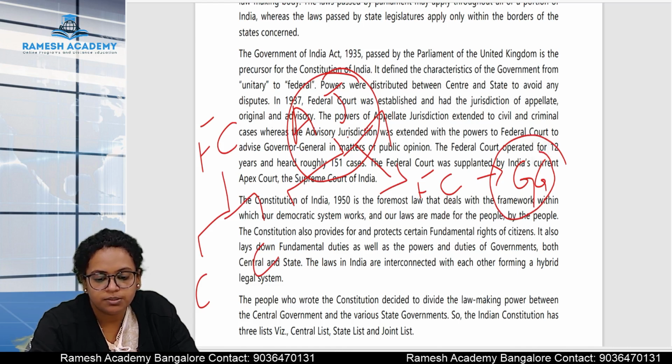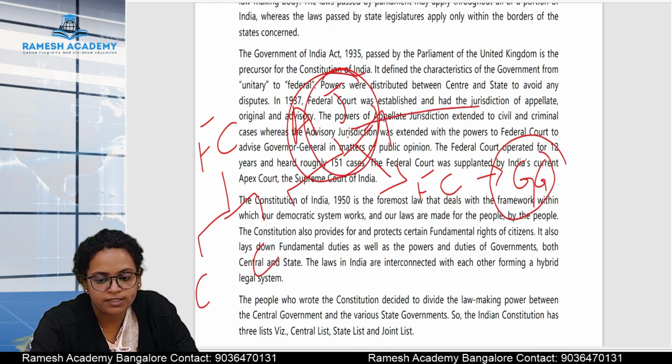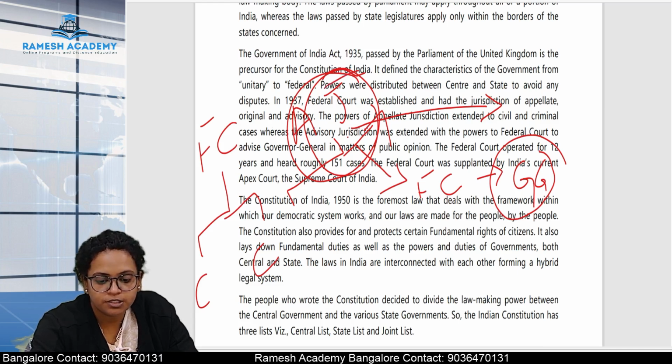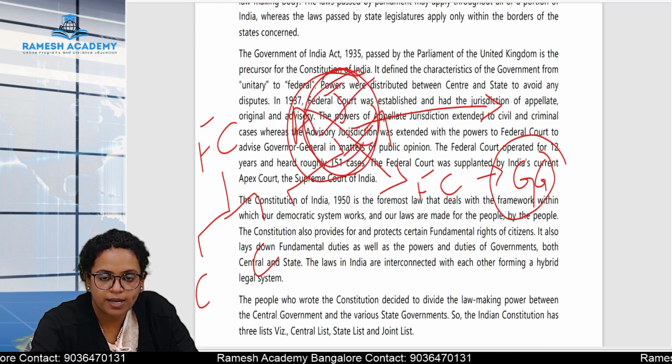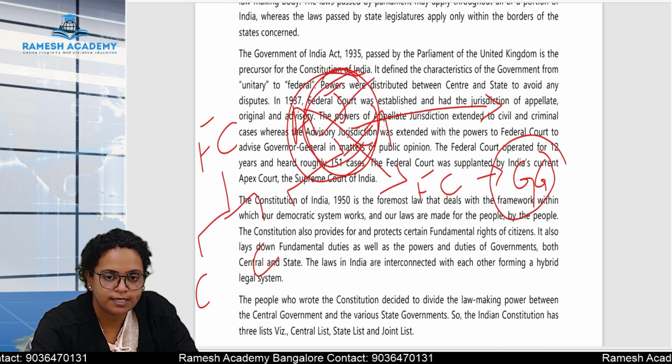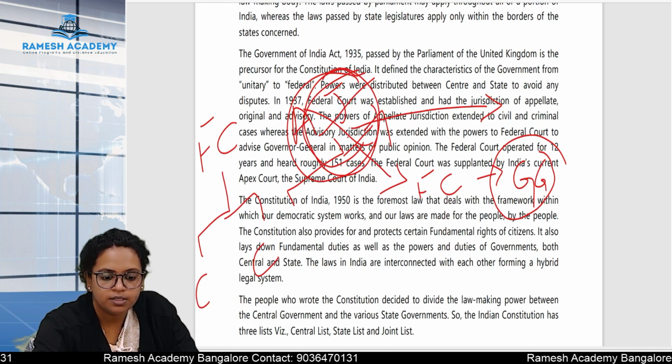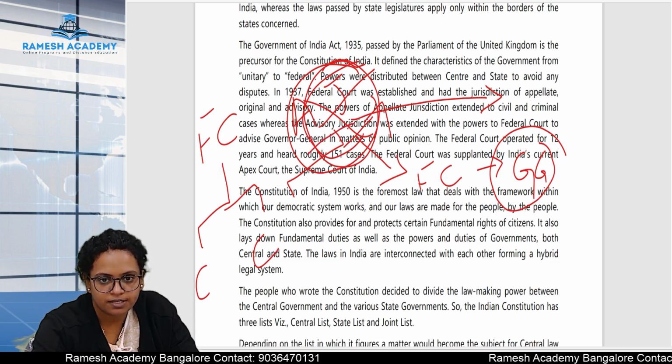It only gives advice on public opinions. It does not take any decisions for criminal or civil cases. So there are two things, one is the federal court, one is the advisory jurisdiction.